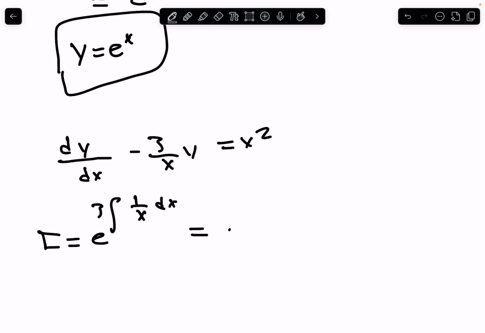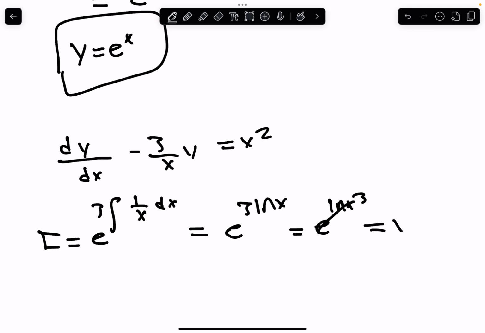So it will be equal to e to the power of 3 ln x. In order to cancel the ln and e, you have to put it in this format, where it is ln x cubed by the properties of logarithms. Then these cancel out, it simply becomes x cubed.